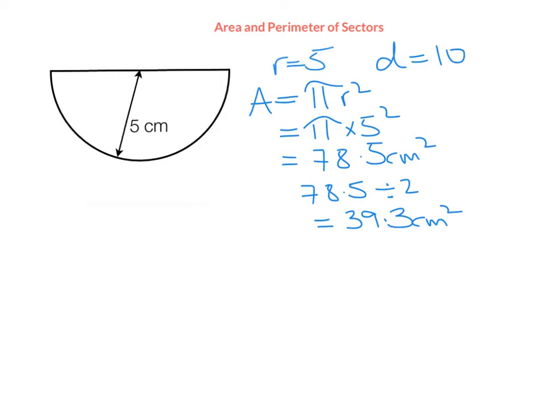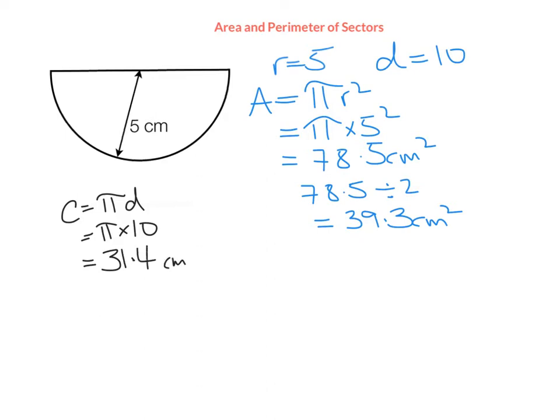The next thing I want to find is the perimeter, which is the distance around the outside, and I'm going to use our formula for circumference for that. So C equals pi d. I know that the diameter is 10, so I can say pi times 10, which is 31.4 centimeters.